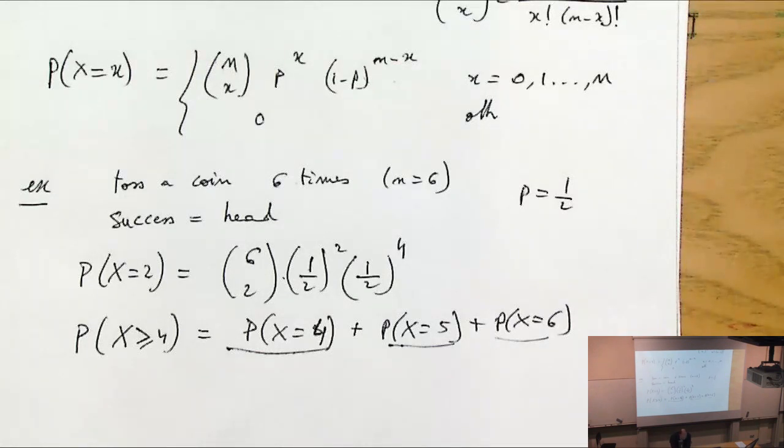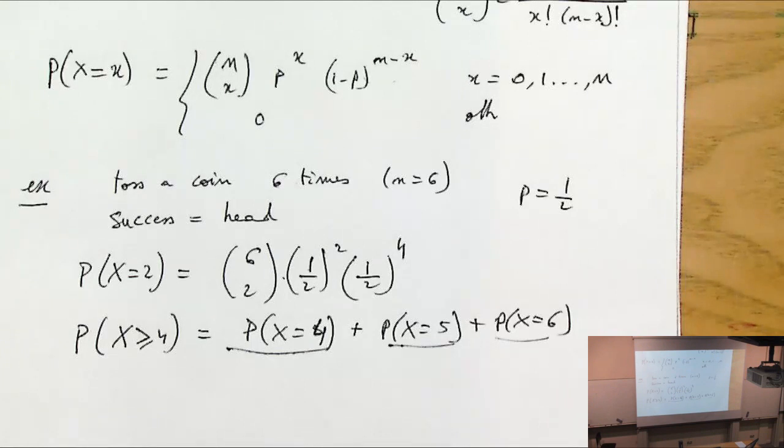Good, so what does this probability mass function look like? I have an example somewhere in the notes. Yeah, this one here. What you see here is the probability mass function for different values, where the value of n is equal to 10, but we change the value of p.